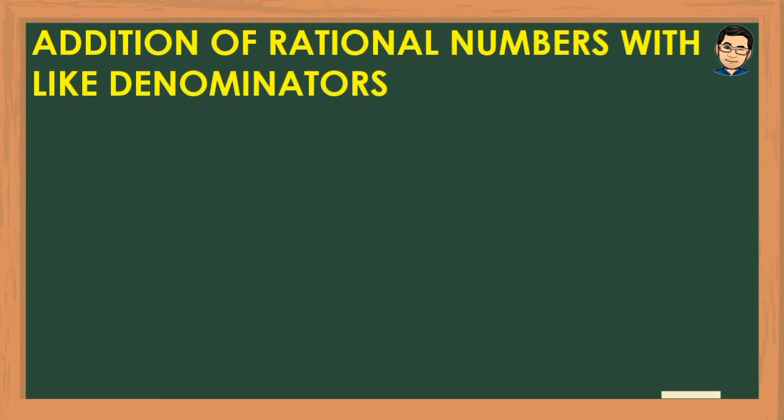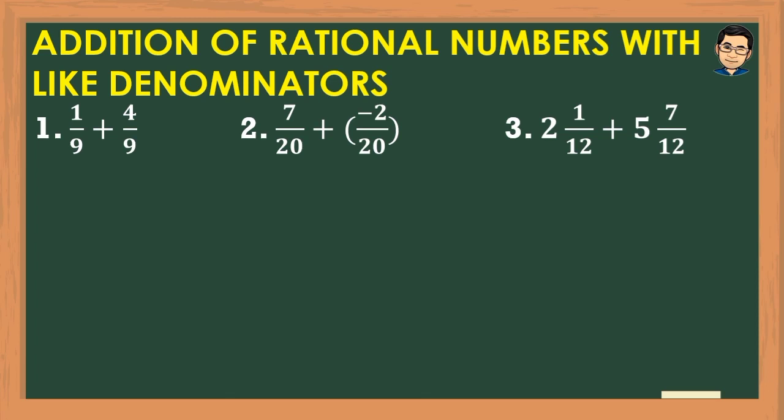So, addition of rational numbers with like denominators. For example, number 1, 1 over 9 plus 4 over 9. As you can see, the denominators of our given are all like, the same. So we just add or subtract the numerators.